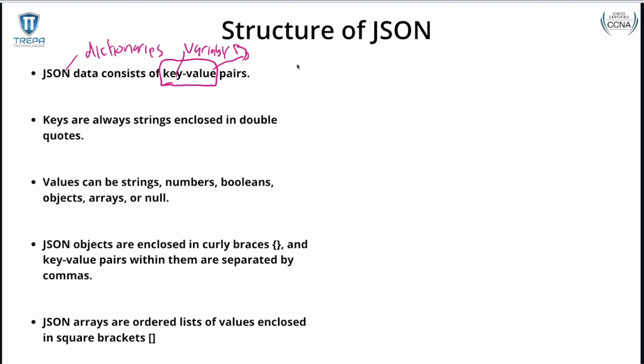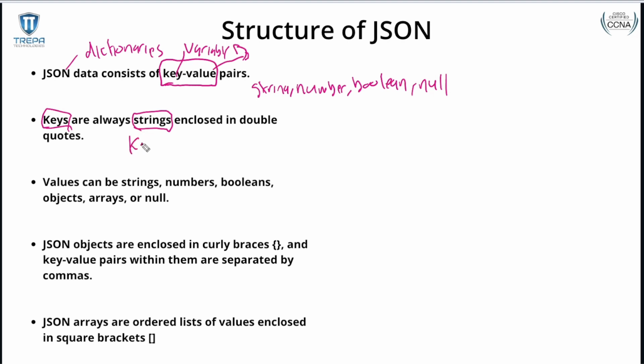And that value can be a string, a number, or a boolean, or a null. Okay? Another key thing about keys, no pun intended, is that they are always strings.